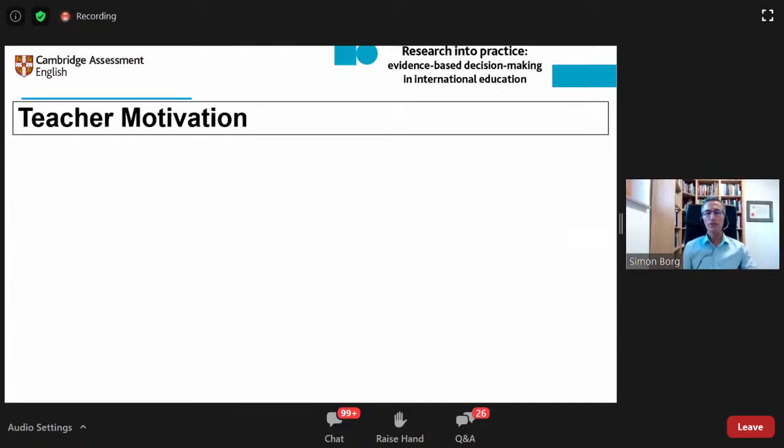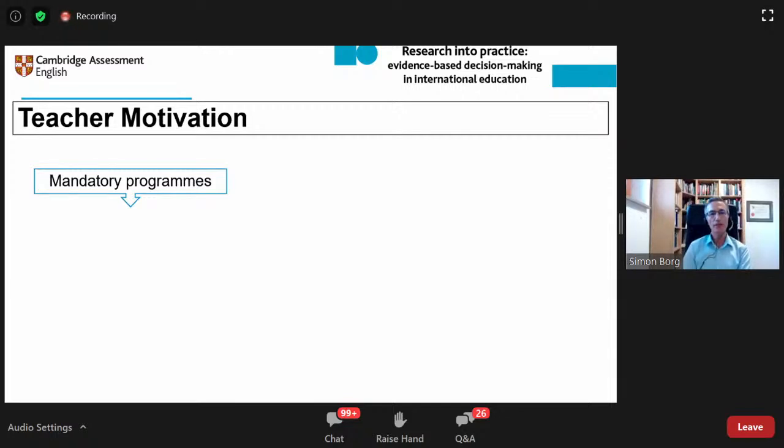Teacher motivation is a third issue, which I think is particularly interesting and also has some bearing on what I've said about teacher autonomy. In some of the programs I've worked on, I've witnessed a pattern which follows these steps or stages.